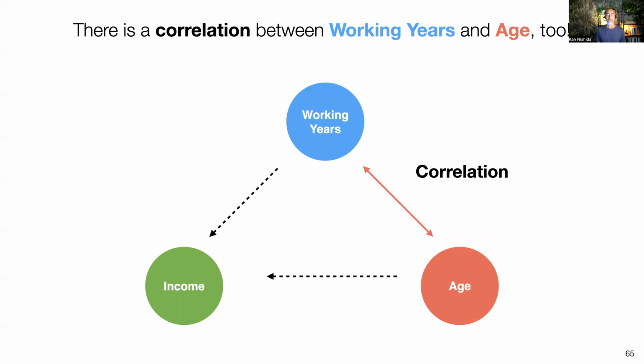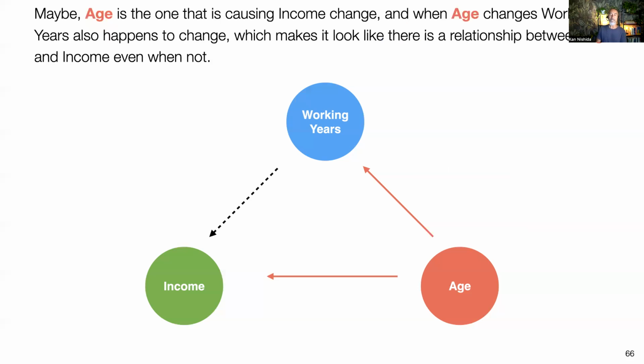So in that case, if somebody says, oh, longer working years means higher income, somebody else could ask, is that just because of age? Or it can be something else, like maybe the job role, or something else in this data, right? So what's really happening, in this picture, maybe is that age is the one that really has an influence on income in this company.